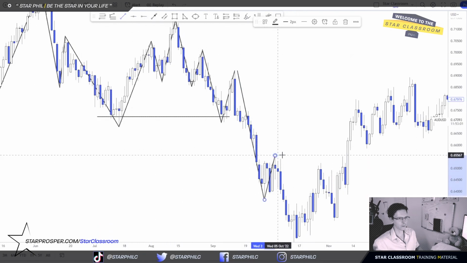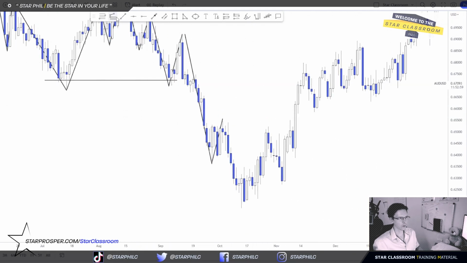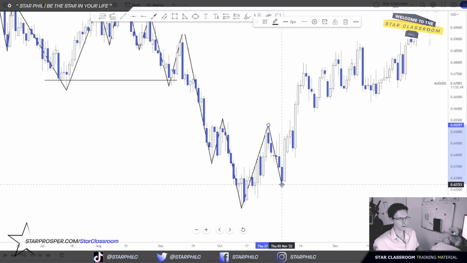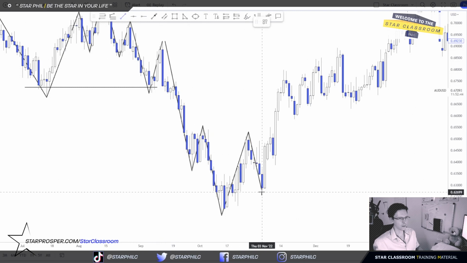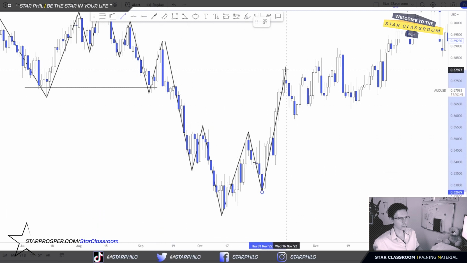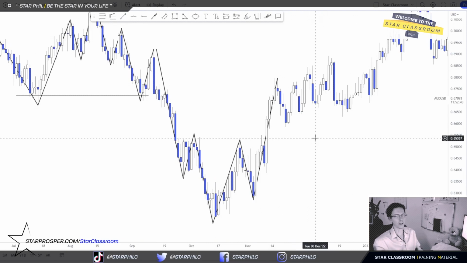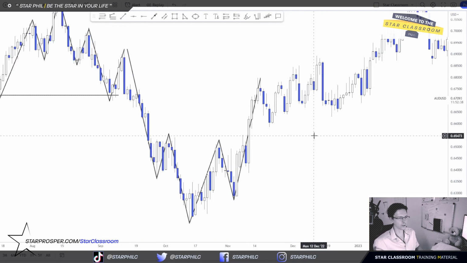You get a pullback and follow the market all the way down until what? Until the market decides to not retest this low, put in another move towards the upside, and now we're headed in the opposite direction.